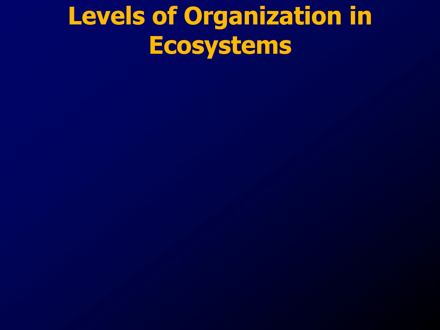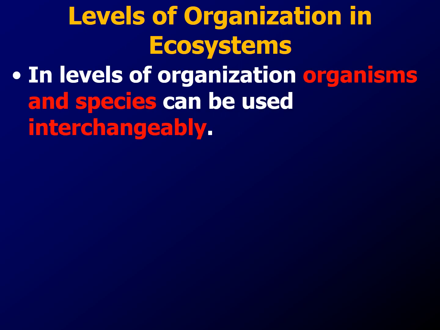Quite often, when studying the levels of organization in an ecosystem, you will find organism and species are used interchangeably. There's a good reason for that, because an organism is the individual member of a species.